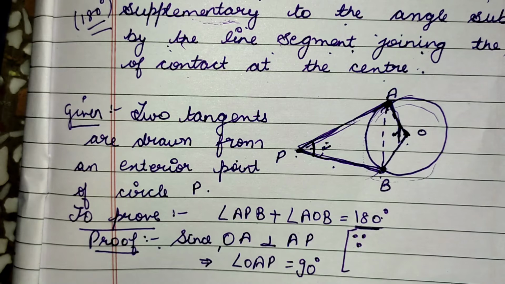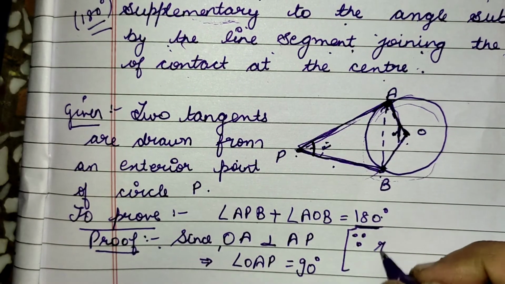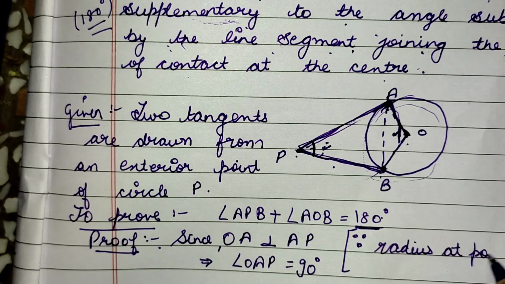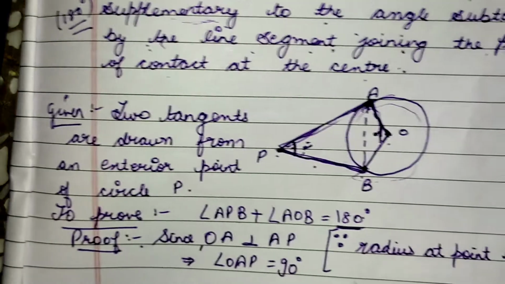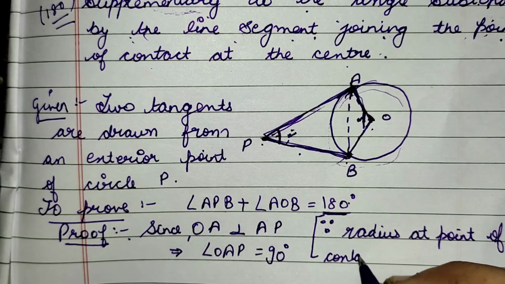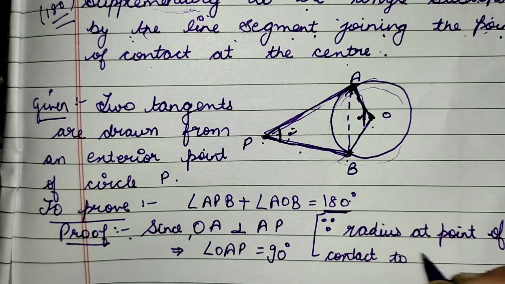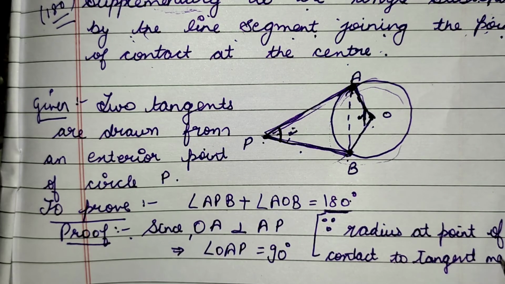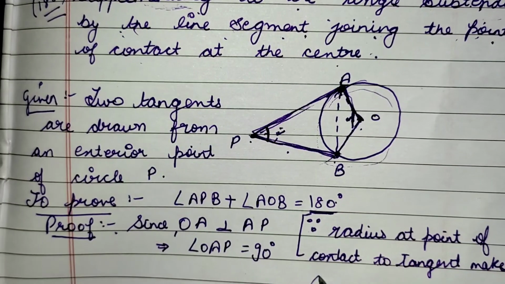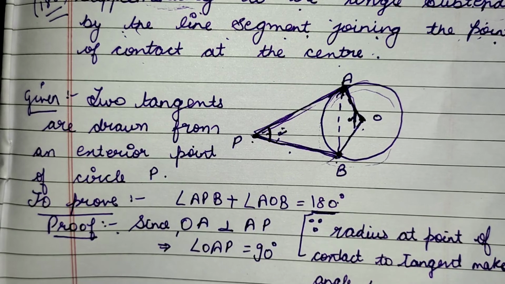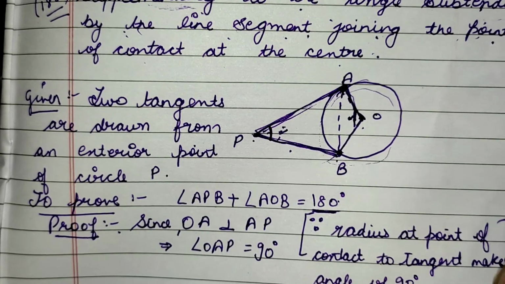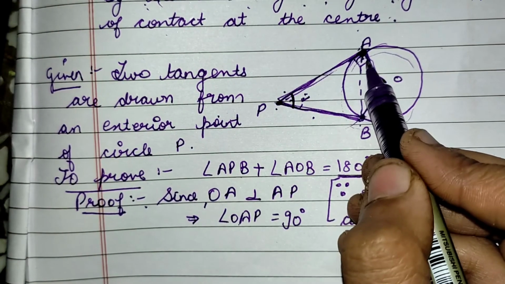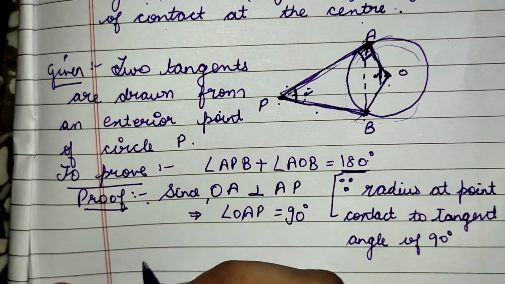You know the reason very well: the radius at the point of contact to the tangent makes an angle of 90 degree, right? So angle OAP is equal to 90 degree.